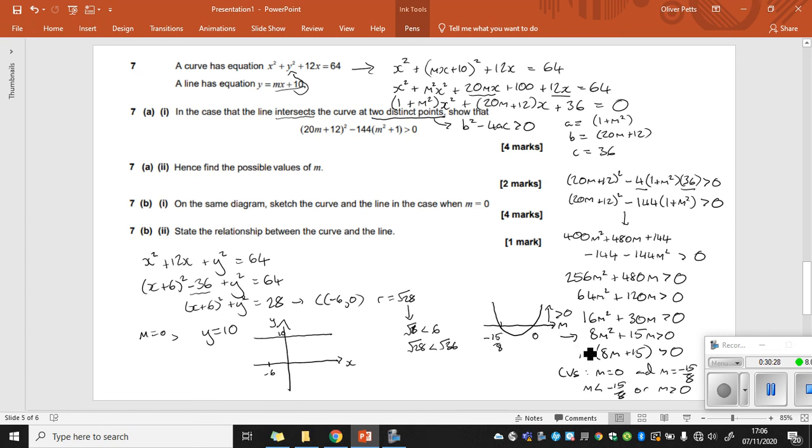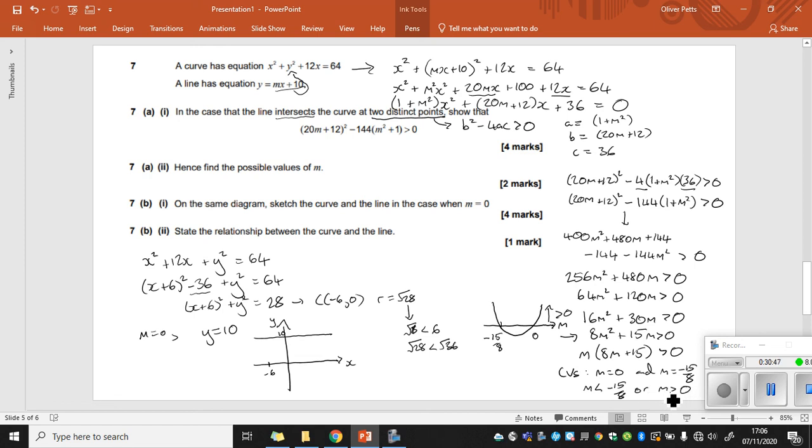Well, just be mindful of what we found out in part 7aii. We found out that our line and our circle will intersect twice when m is greater than 0 or less than minus 15/8.